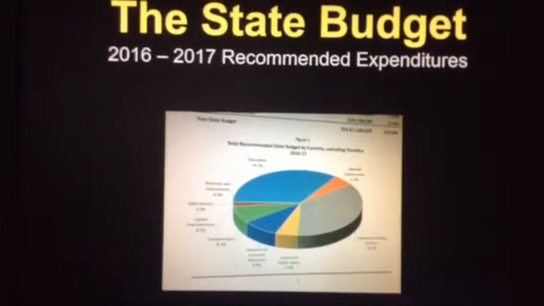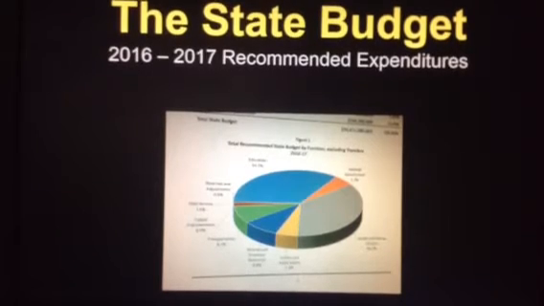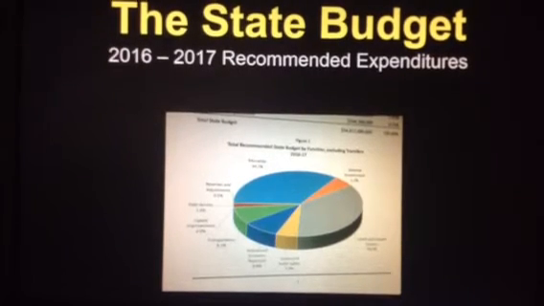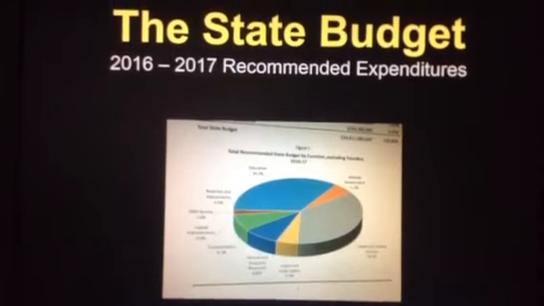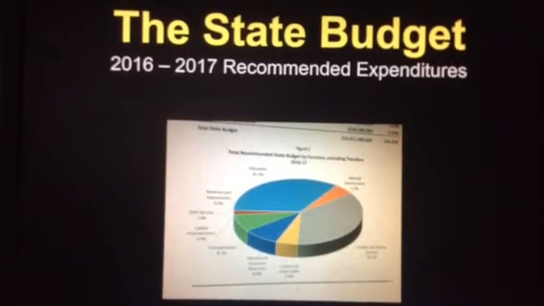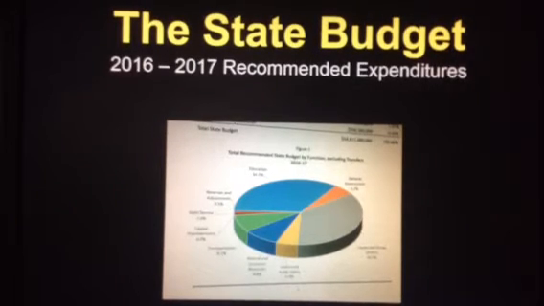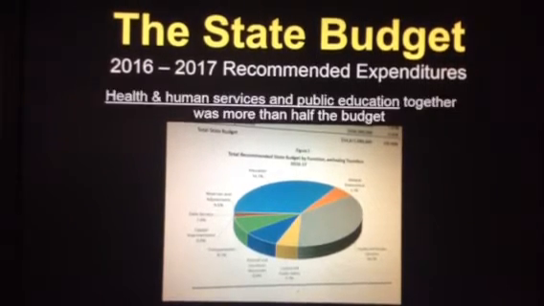And usually the biggest chunk of the state's budget is for education, but you can see other components of the state budget. Health and Human Services is a big chunk. Justice and public safety, transportation, natural and economic resources.